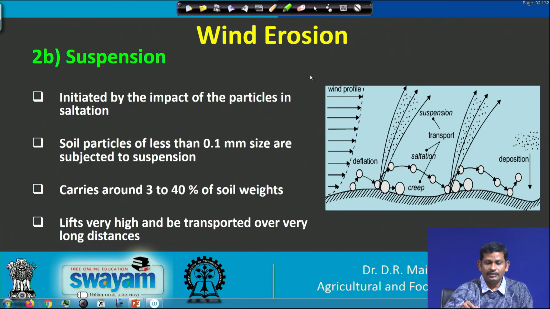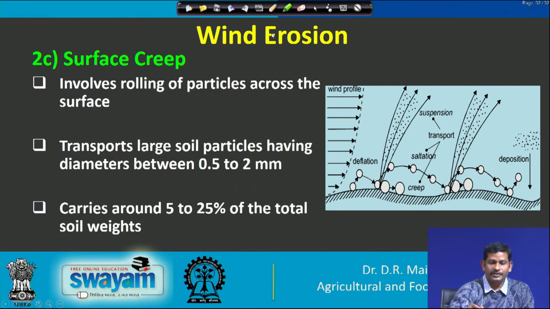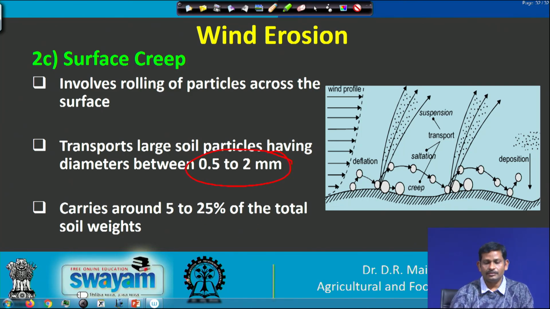And then the third of this transportation case is the surface creep. Basically the heavier particles, like 500 micron to 2 mm, are transported through surface creep, and it involves rolling particles across. So, it is going to roll and move downstream.